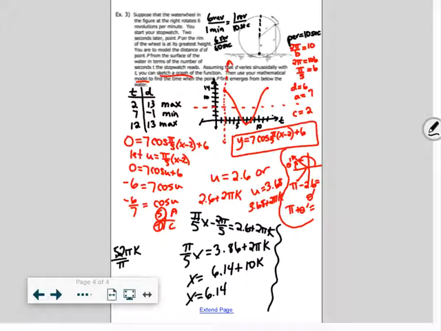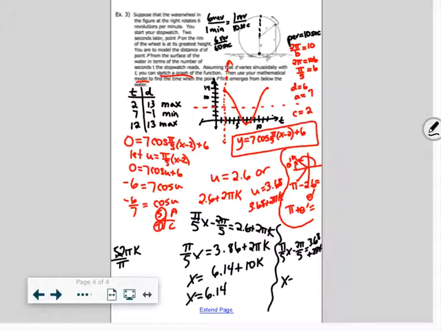Then when I go to do this other one, if you didn't do the other piece, you're not going to get the other x-intercept, okay? So I set pi over 5 x minus 2 pi over 5 equal to 3.68 plus 2 pi k.